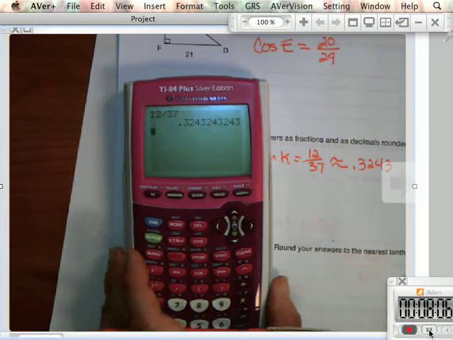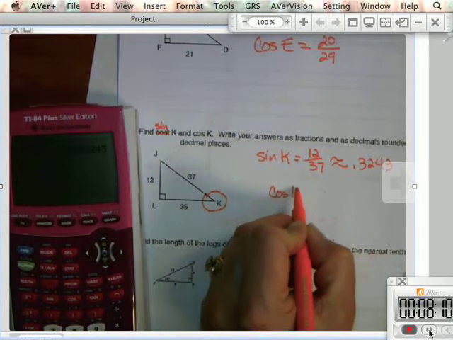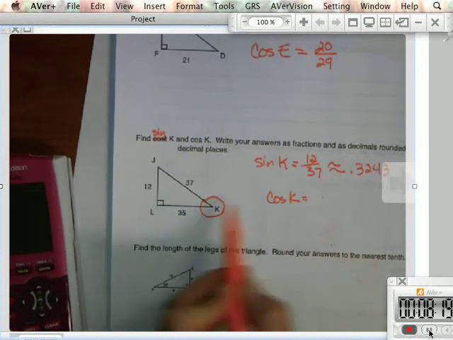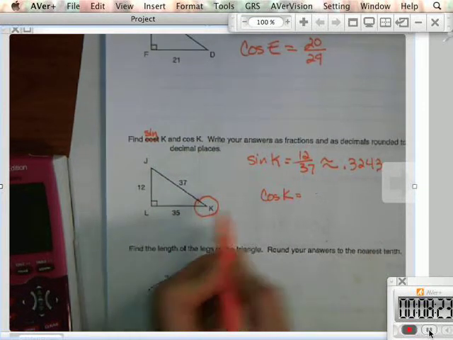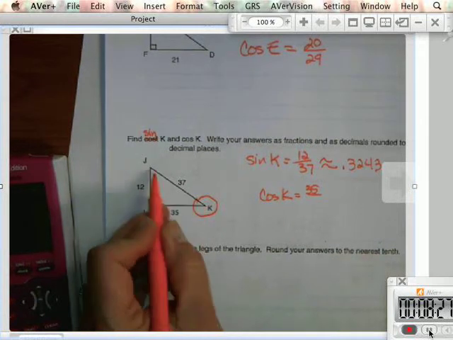So that's sine. Now let's do cosine of k. C-A-H. So cosine equals what? Adjacent. The adjacent leg to that angle, which is 35, over hypotenuse, which is how long? 37.